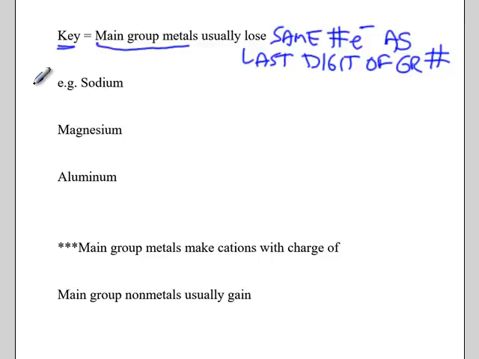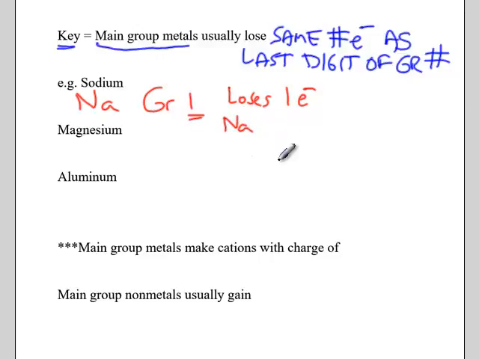So this is a lot easier to see with an example. So sodium, remember capital N, lowercase a. When you find sodium on the periodic table, you'll see that it's in group number 1. The last digit of 1 is 1. So a sodium will lose 1 electron. The number of electrons it started with was equal to the number of protons, because remember it starts off neutral.